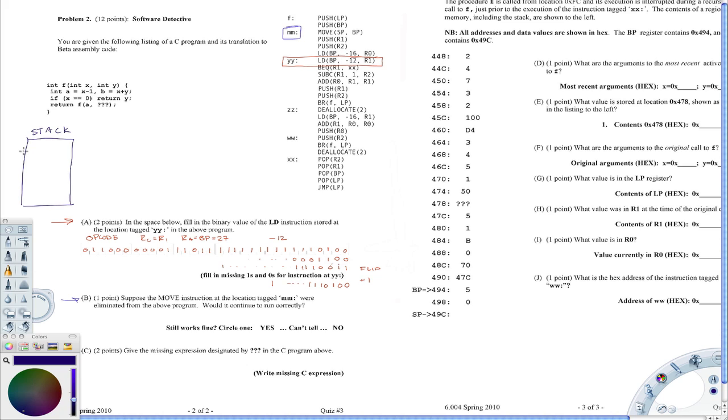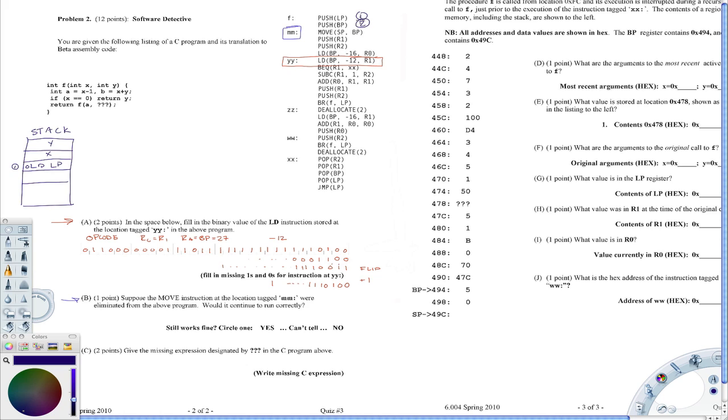We have the arguments in reverse order on the stack, right? So X is the first one it wants, and then Y. And then we have the old LP pushed. That's thing number 1 here.